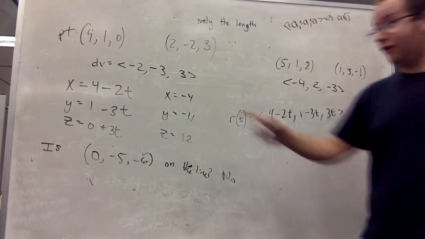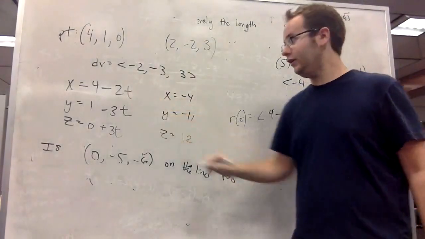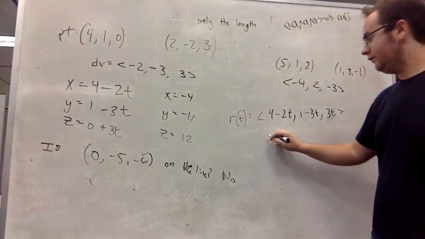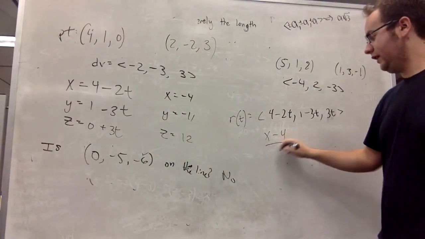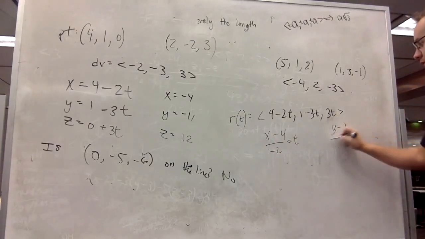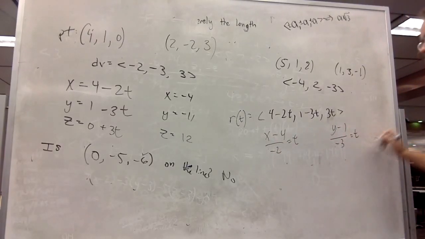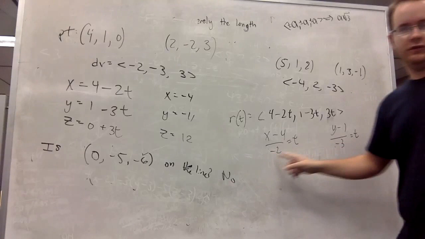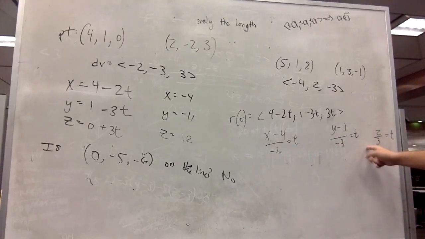Symmetric form is where you solve for t in each of these components. If I solve for t, I would get x minus 4 over negative 2 equals t. I would also get y minus 1 over negative 3 equals t. Now we'd get z divided by 3 equals t. Now because each of these equations equals t, they all equal each other.